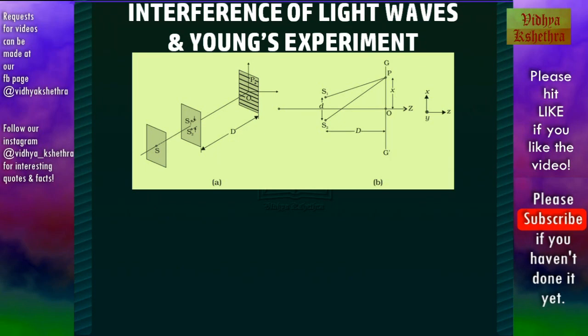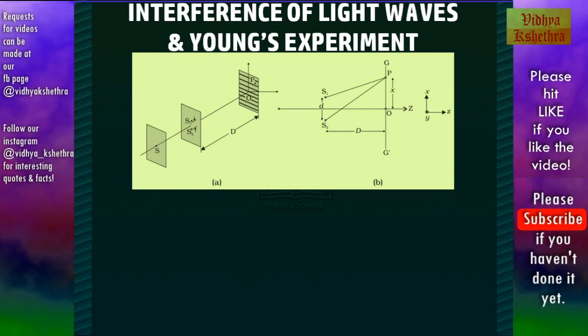Now figure B shows the two coherent sources S1 and S2, which are separated by a vertical distance small d, and they are at a distance of capital D from the screen.